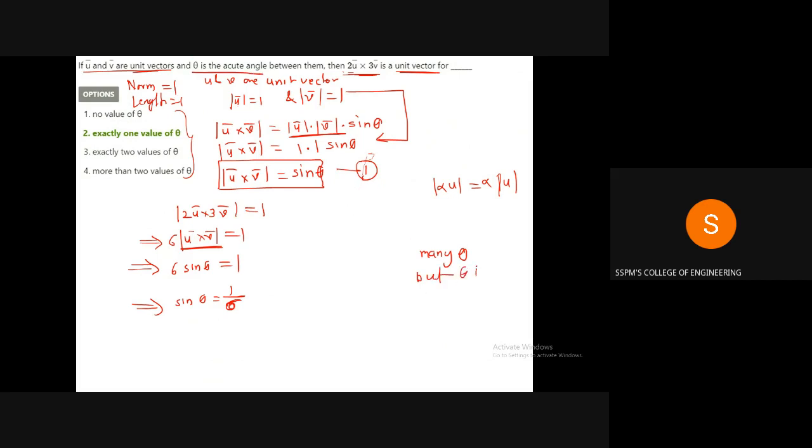Acute means between 0 to 90. So for 0 to 90, there is only one value of theta. This statement is true: sine theta equal to 1 by 6 is true for only one value of theta between 0 and 90 degrees, that is, for an acute angle.